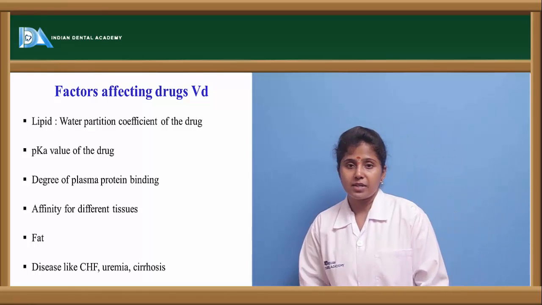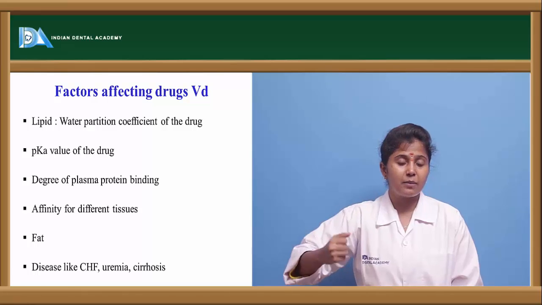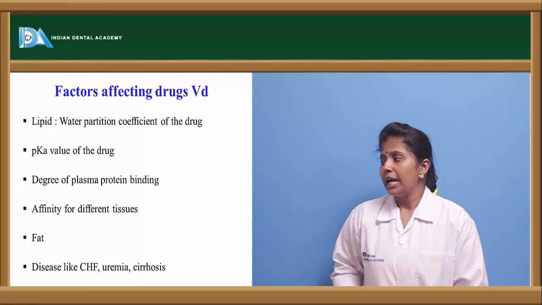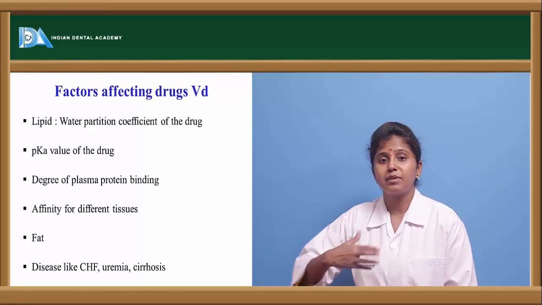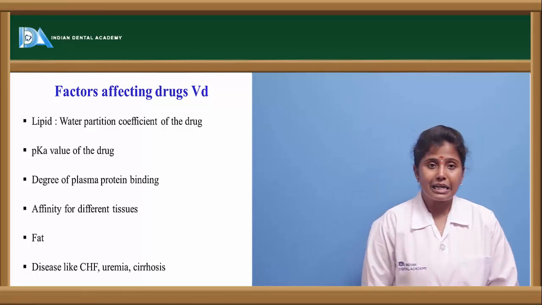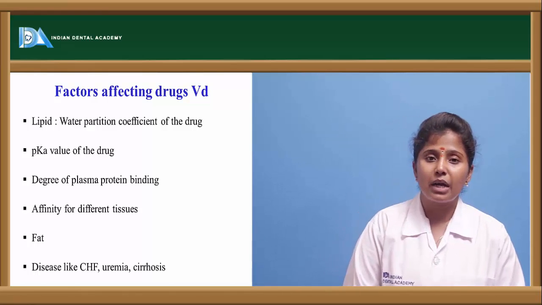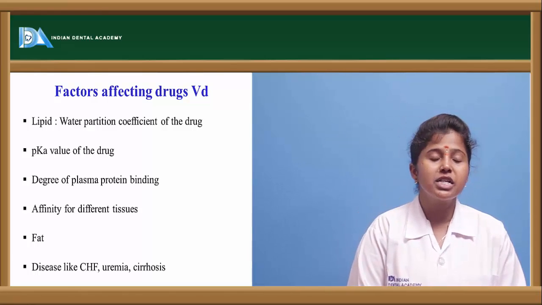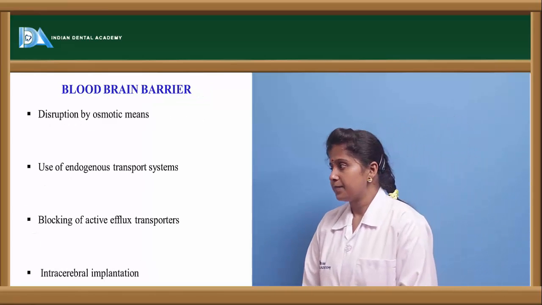Then the degree of plasma protein binding: if the drug has high plasma protein binding, it is highly distributed. Then affinity for the tissues: it should have greater affinity to the tissues and thereby it is getting distributed. Then fat levels and disease conditions like congestive heart failure, uremia and cirrhosis. In all these conditions, the drug is not getting distributed so easily.